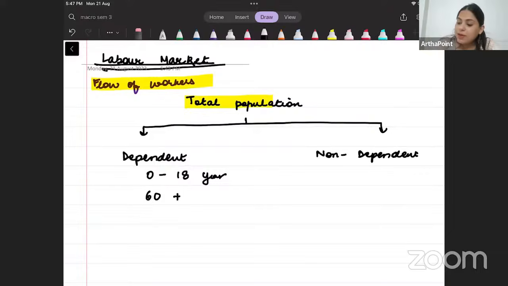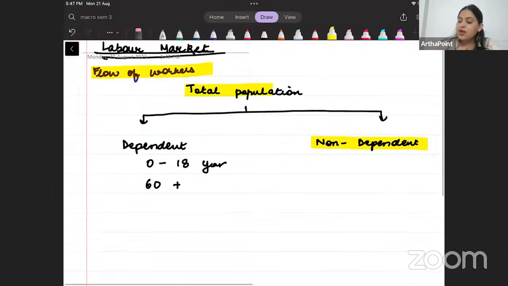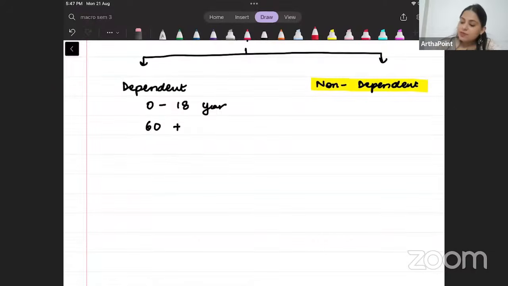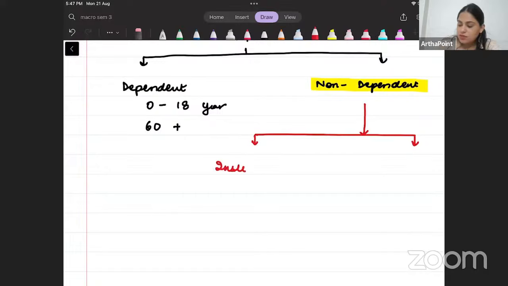Now, the people who are not dependent, मतलब वो काम कर सकते हैं, they are between the age of 18 plus to below 60. But these people, they can further be divided in two parts: institutional and the other can be non-institutional.